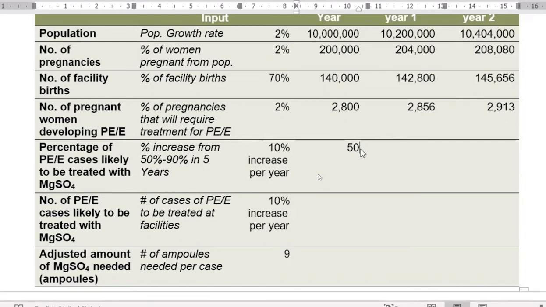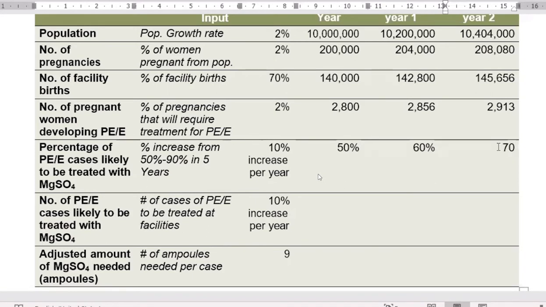Okay, so what this means is that in the first year, there will be an increase of 10% per year. So if the increase is 10%, in the first year the compliance will be 60%, and then the compliance will be 70%.